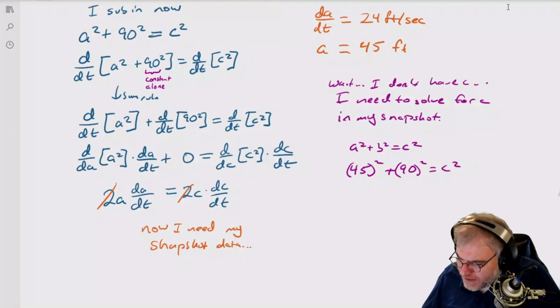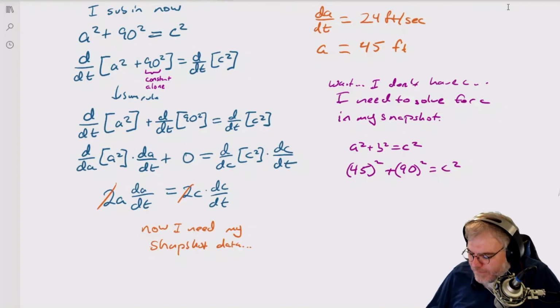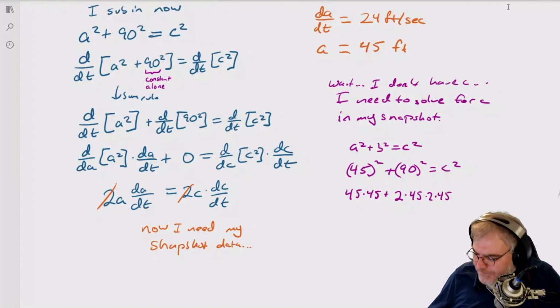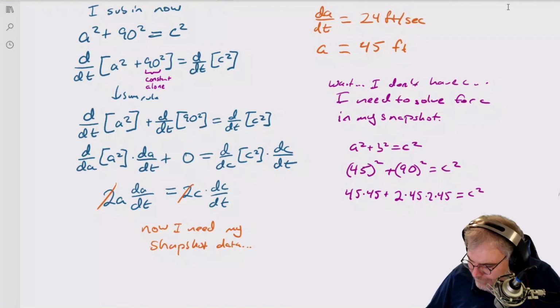Okay, so now here I'm going to do a little voodoo. I mean, some serious math foo right here. I'm not even going to plug this into my calculator. Of course, I'm going to mess it up, right? But let's see. This right here, 45 squared is 45 times 45. Plus, now this is 2 times 45 times 2 times 45, right? 90 times 90, where 90 is 2 times 45. So what I'm going to do is factor out all the 45s.